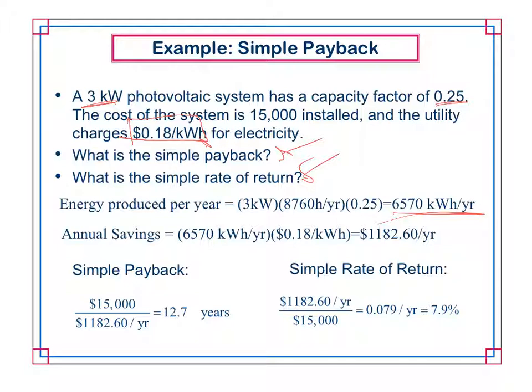So I take my PV system, which cost me $15,000 to install, and it saves me almost $1,200 a year, and it's going to take about 12.7 years for this system to be paid off. Again, just a simple payback without any inflation effects included. Rate of return, 7.9%. So your investment rate returns 7.9%.